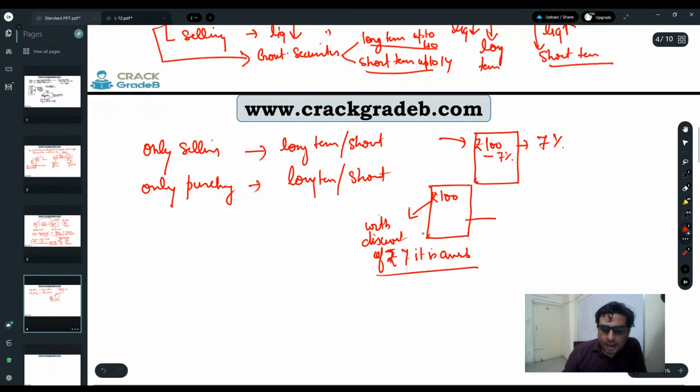So if any bank is going to purchase, the bank has to pay only 93. And when it matures, the bank will get how much? 100 rupees.